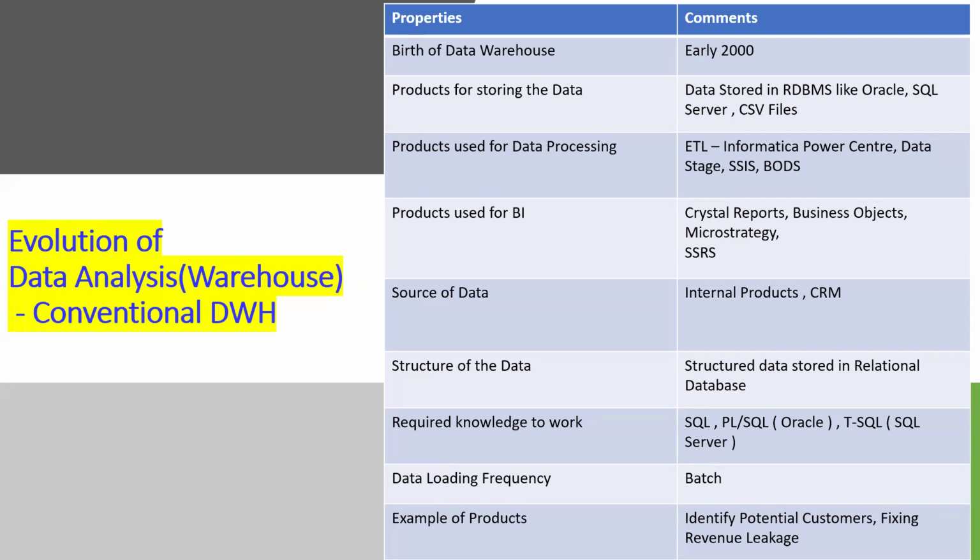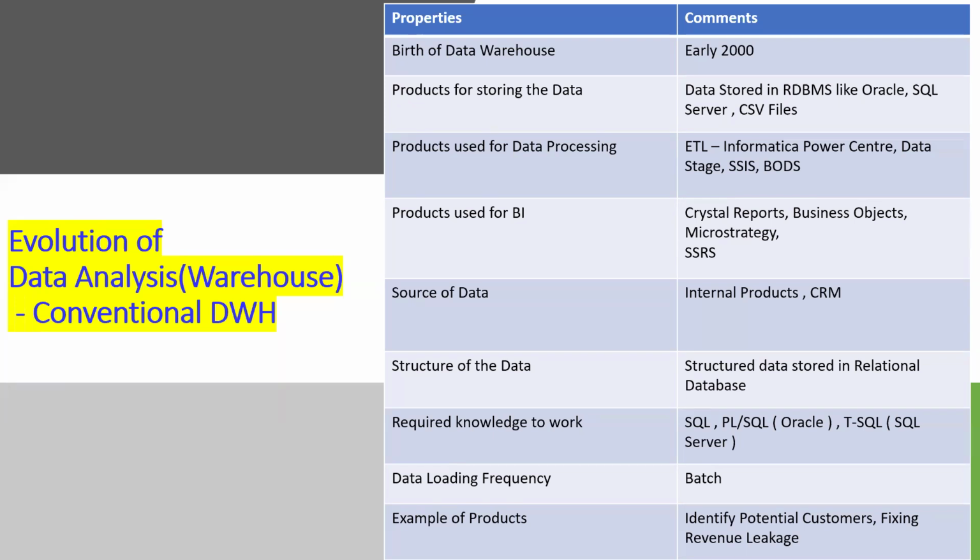Every ETL tool became very famous. Informatica is one of the most popular, along with other tools like DataStage from IBM, SSIS from Microsoft, Business Objects, and many different tools that helped companies create ETL pipelines and enterprise level data warehouses.